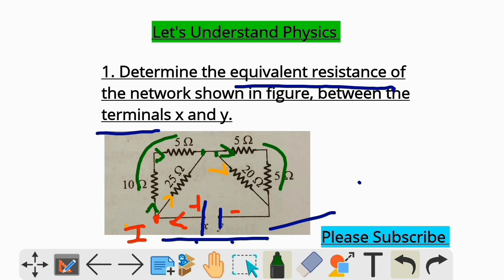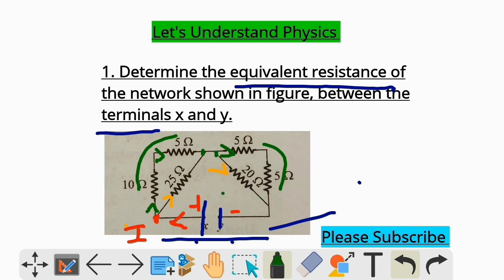So the resistances which have the same current passing through them are connected in series, and the resistances where the current is getting divided and the current is getting joined, that particular resistance is in parallel with both of the resistors.